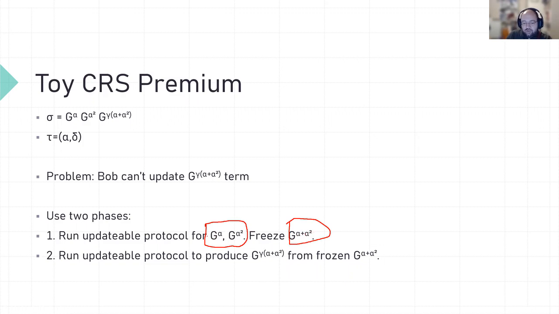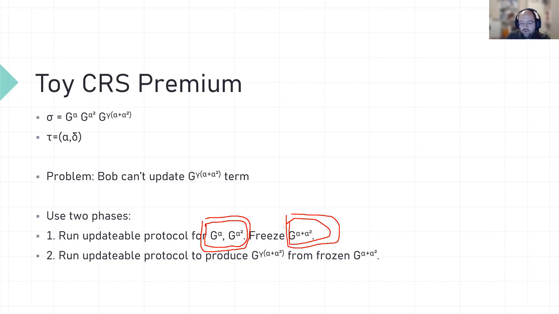At this point, a is frozen in the eyes of the protocol, and this might be something that was created by involving 2, 3, 5, 100 different players. But at some point, we will freeze those two values, and we will create this frozen version of g to the a plus a squared.